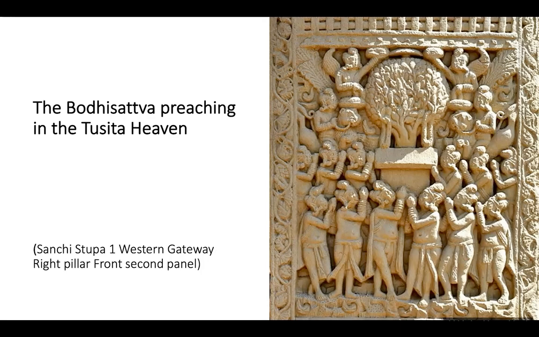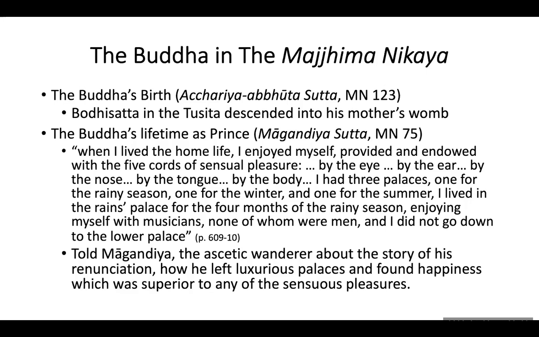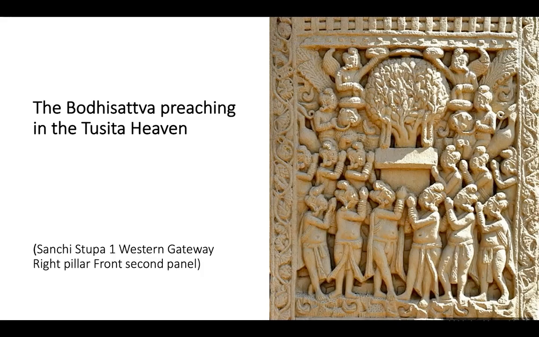And just before, I said that in the Acchariya Abbhuta Sutta, the Buddha was a bodhisattva in his previous life, and this bodhisattva stayed in the Tusita heaven. There is a sculpture inscribed about the bodhisattva preaching in the Tusita heaven.